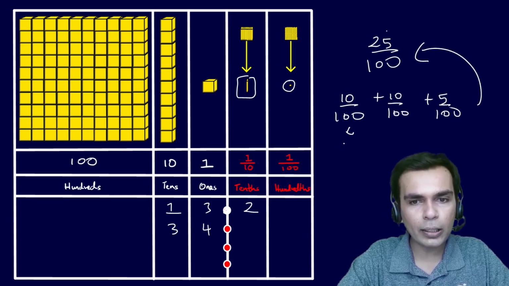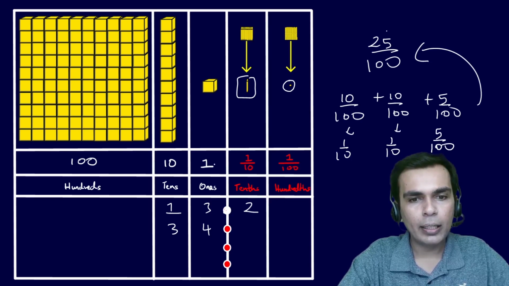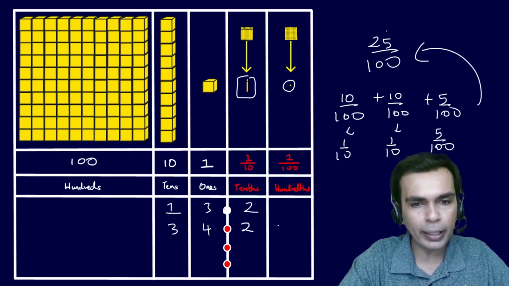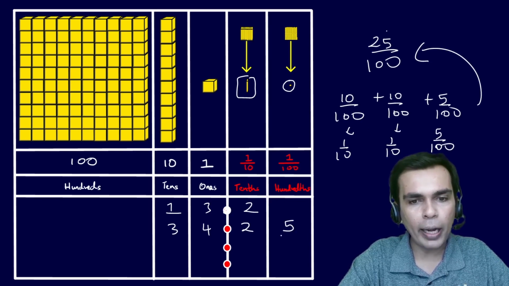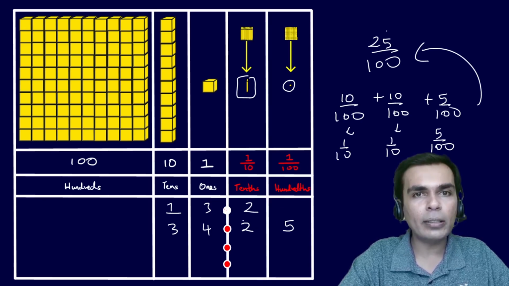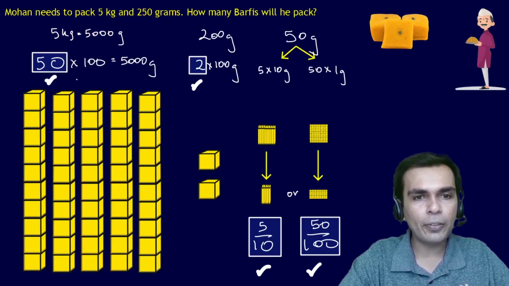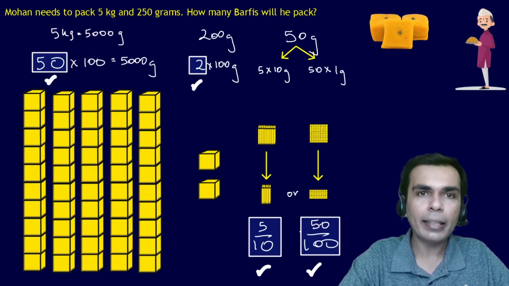And I know this is 1/10, this is 1/10, 1/10 put together, and of course this will remain 5 hundredths. Therefore, I can always write this as 2 tenths and 5 hundredths. Or I can put straight away 25 here. So 5 and to the left 2 is left, so 25 hundredths. And here, of course, this is 52 and 5 tenths or 50 hundredths. Either way is the same thing.